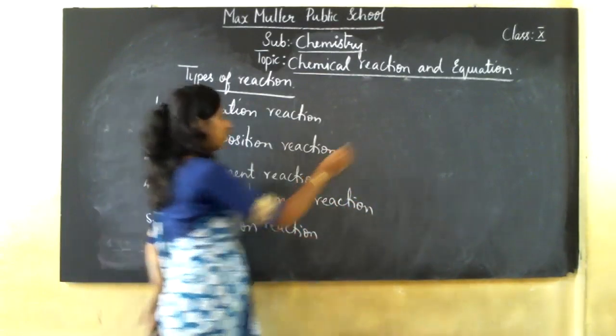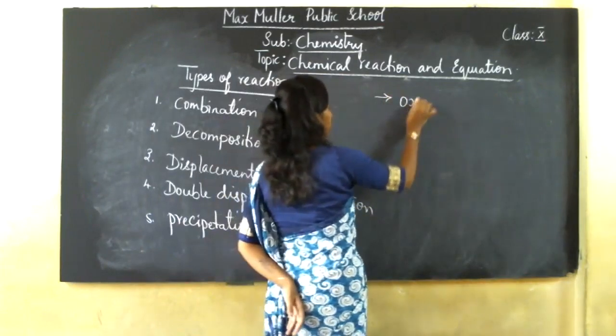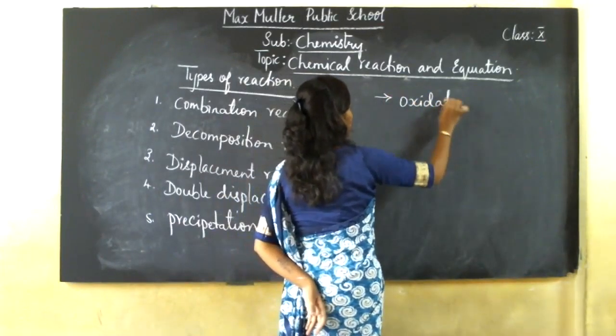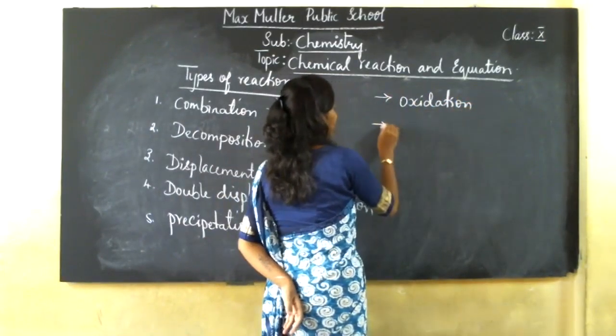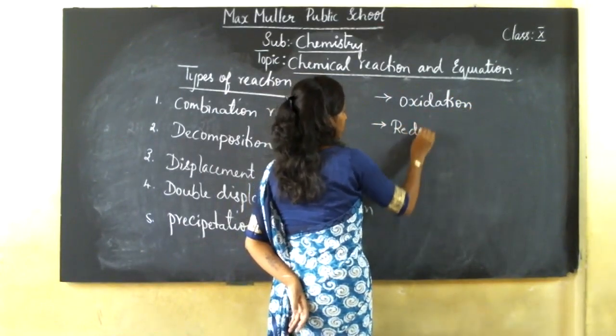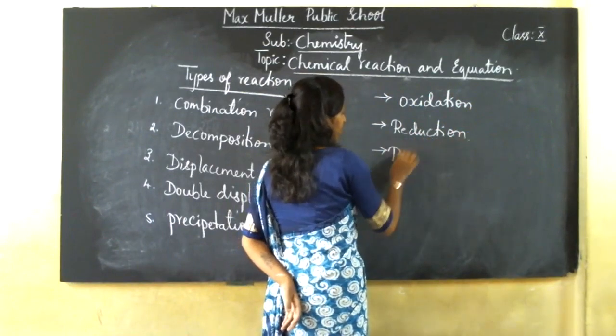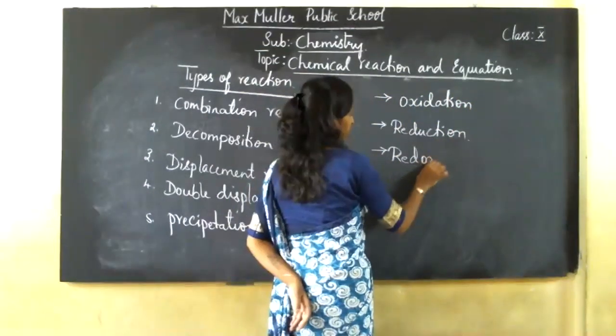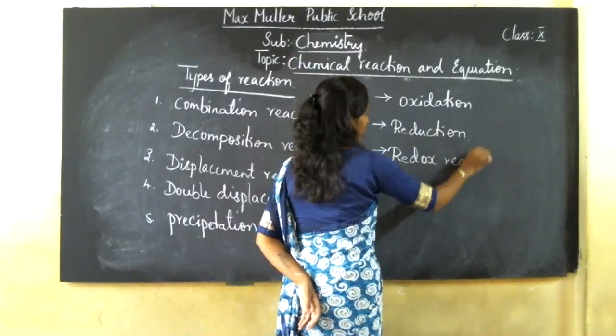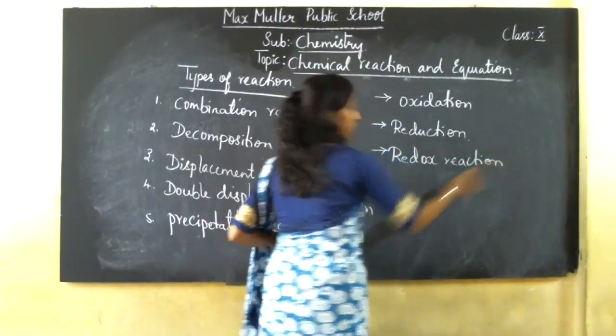Then you have oxidation. Then you have reduction. These are also different types of reaction. Then you have redox reaction. These are the different types of chemical reactions.